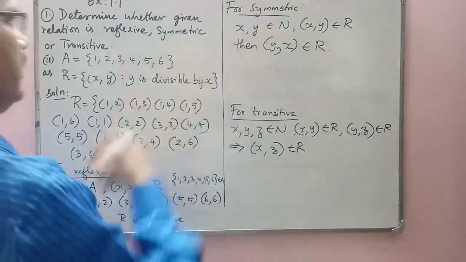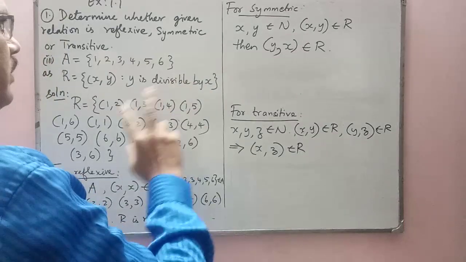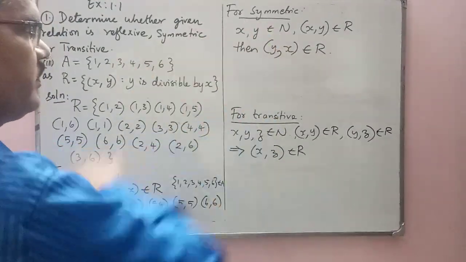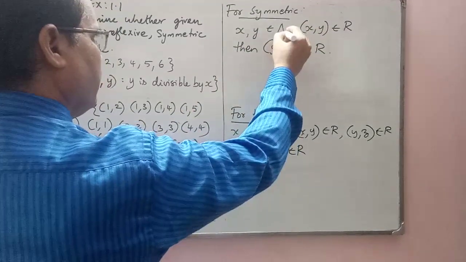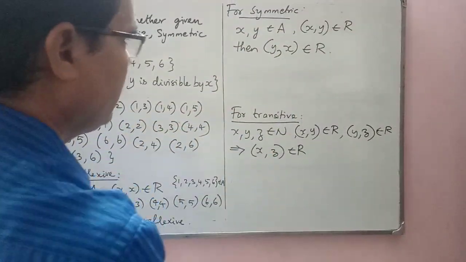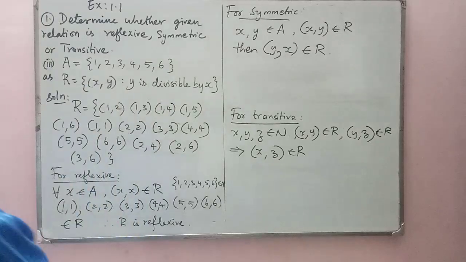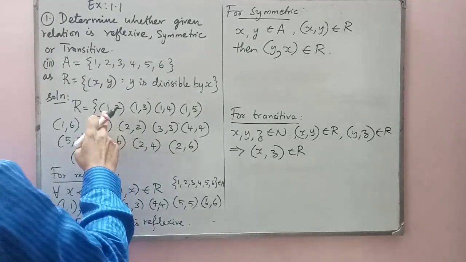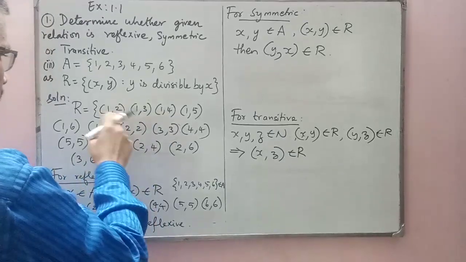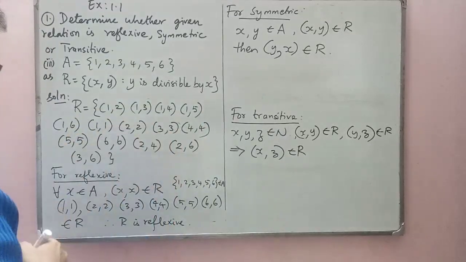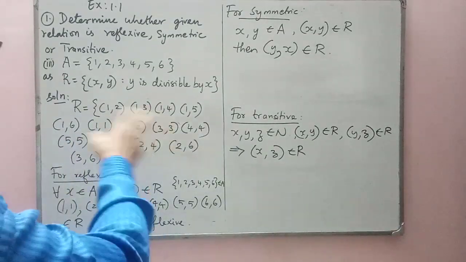Now for symmetry, take any two elements x comma y present in the set A. Now you have to check whether the ordered pair x comma y belongs to R, then y comma x belongs to R. Now take the first ordered pair 1 comma 2. You have to check whether 2 comma 1 is present in this relation or not. 1 comma 2 is there, but you don't have 2 comma 1.